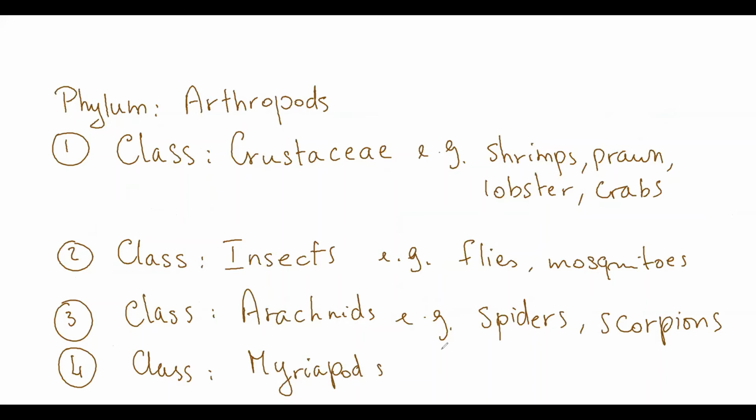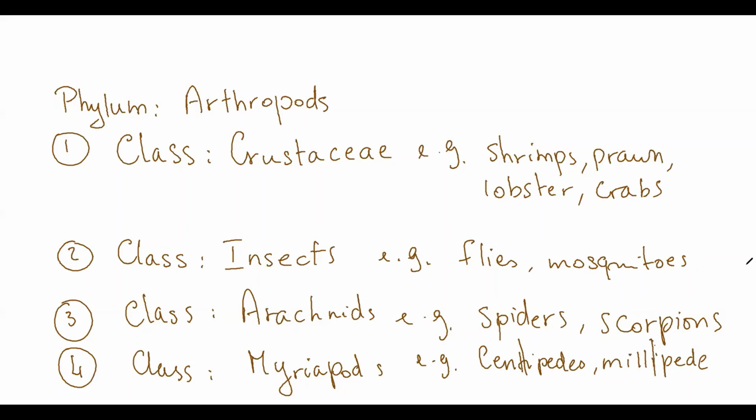Myriapods, the examples here, I'm going to write the examples and then we'll show you the picture. Centipedes and millipedes. Peds means legs. Cent in French means 100. It means that this kind has 100 legs, okay? And mille in French means 1,000. So this kind has 1,000 legs.